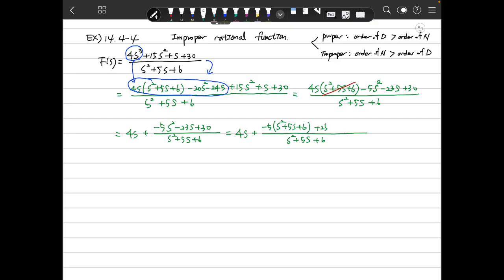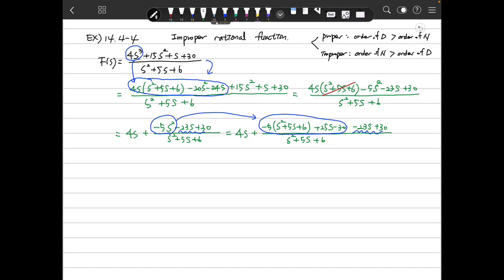And we can rewrite this as 4s plus minus 5 times (s squared plus 5s plus 6) plus 25s minus 3... and minus 23s plus 3. This is this, and the remaining thing is here.